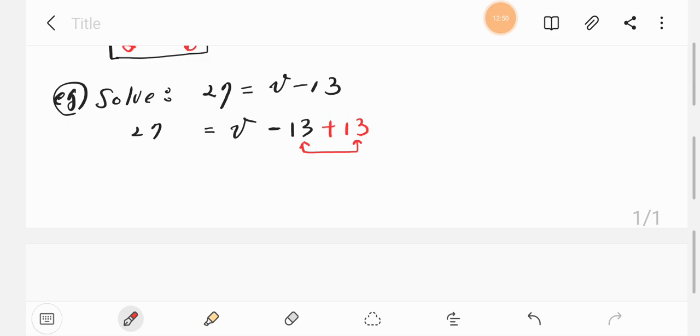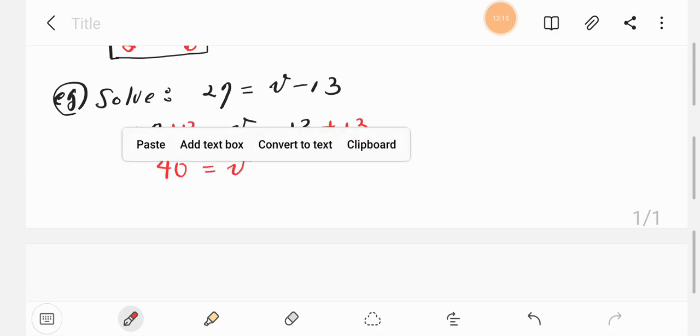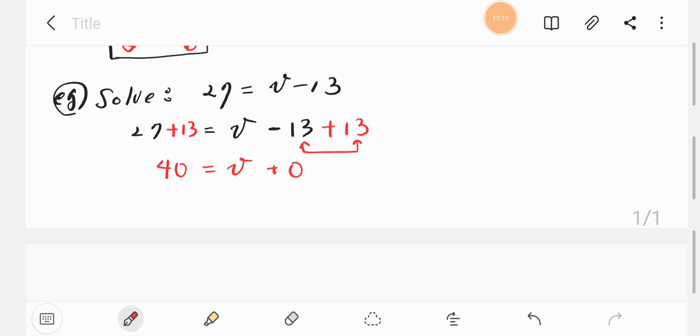We need to make this 0 to get rid of it from the addition. So we also add 13 to the left-hand side of the equation, because we added a number on one side, so you need to add the same number to the other side. Then 27 plus 13 is 40, and the right side is v plus 0, so it's v.